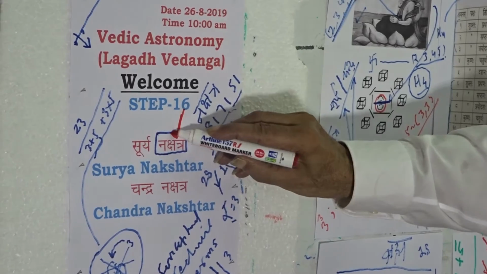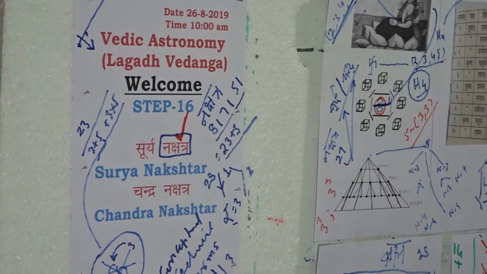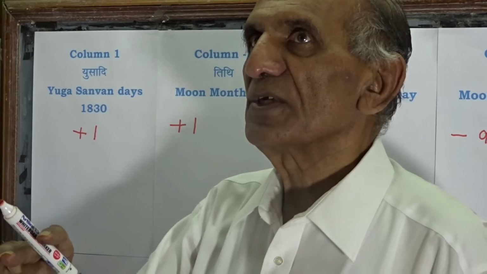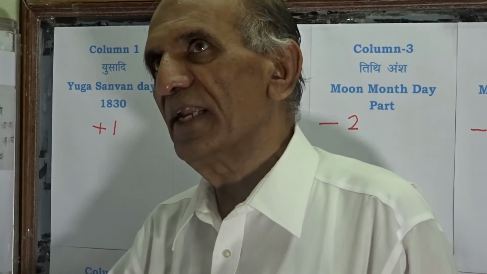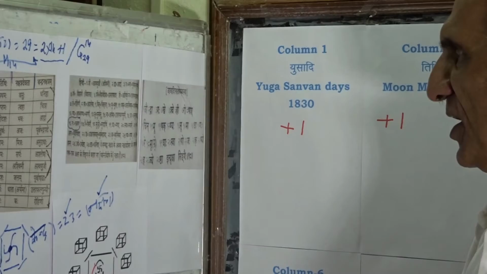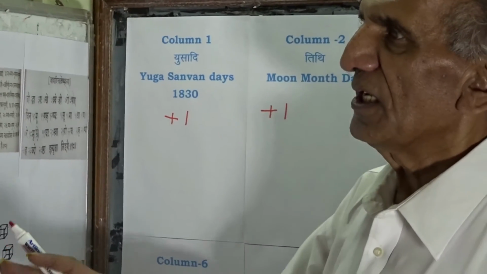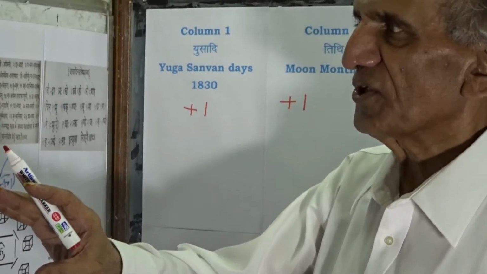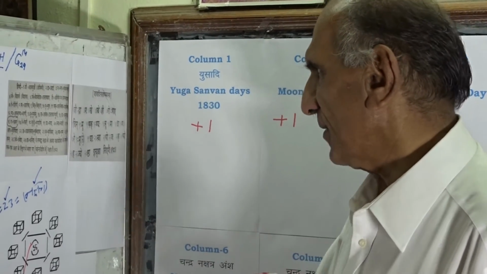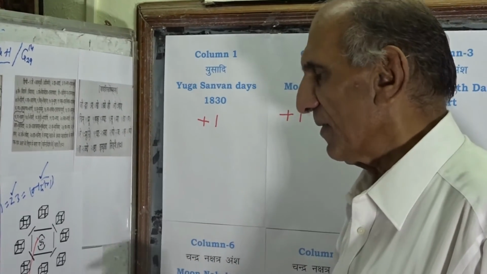Once we are face to face with this concept, these features, these values, these formats, then we will be in a position to appreciate the concept of the nakshatras of Surya Nakshatra and a Chandra Nakshatra. Let us have a pause.